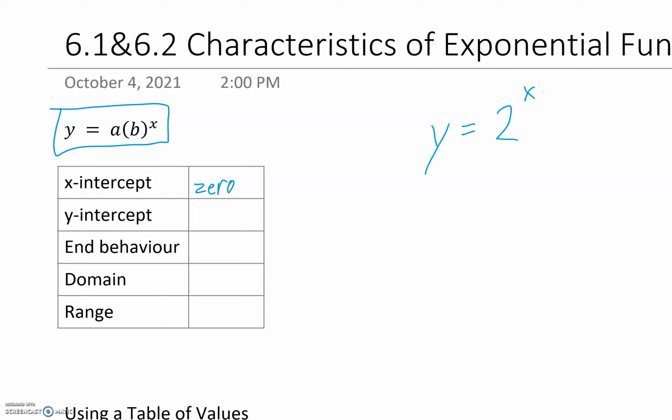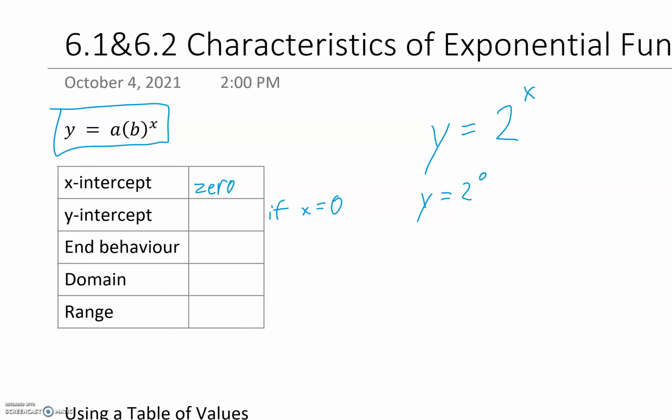What about y-intercepts? Well, we do have y-intercepts. So the y-intercept is where x equals 0. If x equaled 0, let's just take this example here, it would be y equals 2 to the power of 0.